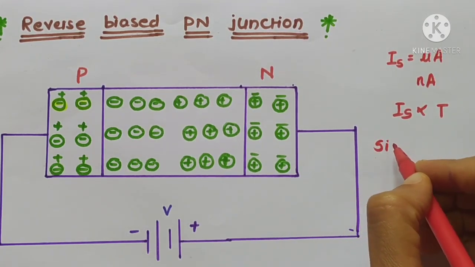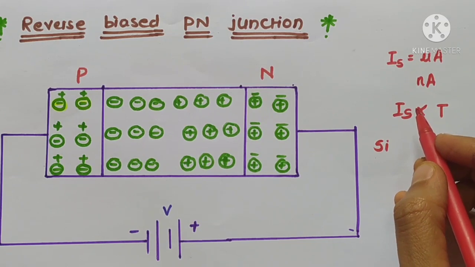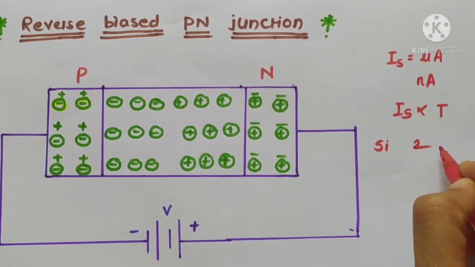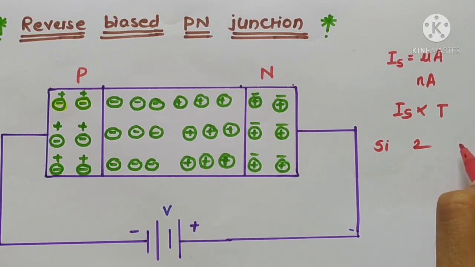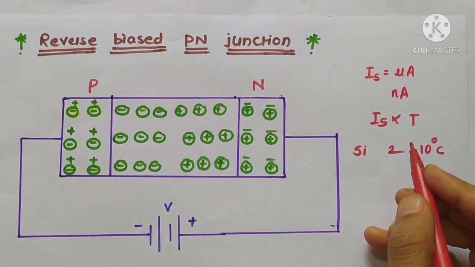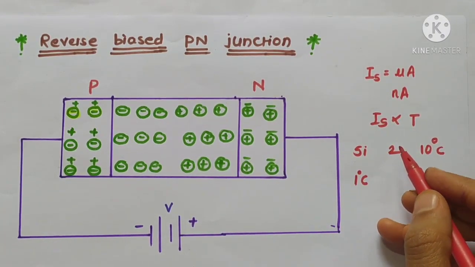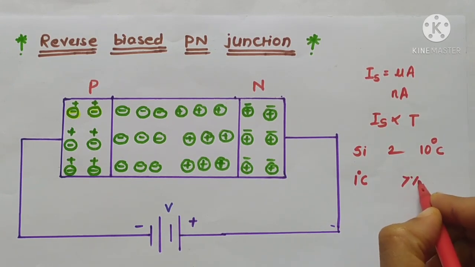For silicon, this reverse saturation current almost doubles for every 10-degree rise in temperature. Or we can say that for a 1-degree rise in temperature, it increases by 7%.